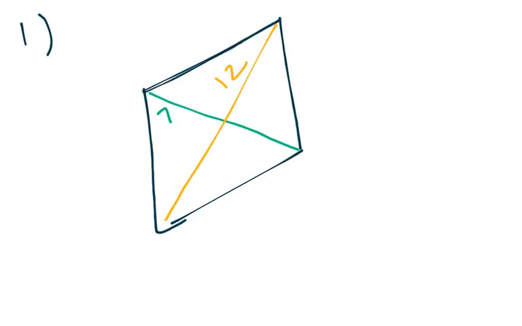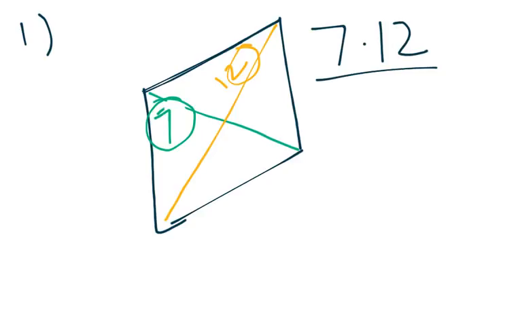We have a diagonal of 7 and a diagonal of 12. I was trying to circle the 7 and I just ended up making a 0. So 7, here it is, and a diagonal of 12. So we are going to say 7 times 12 divided by 2. So 7 times 12 is 84.